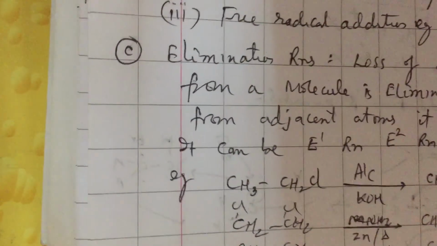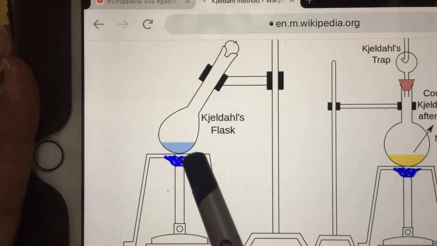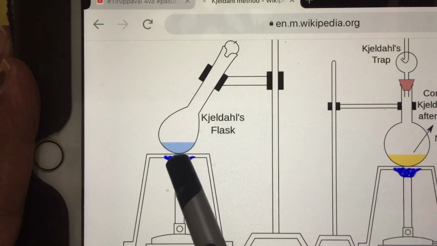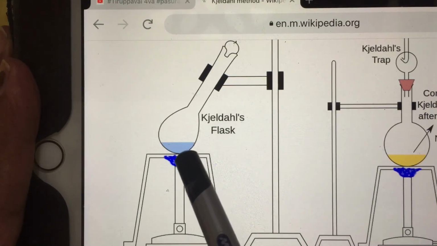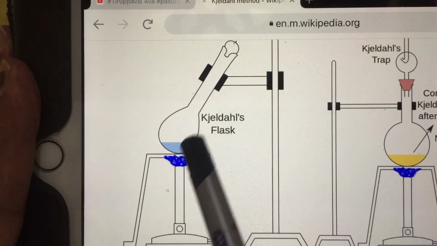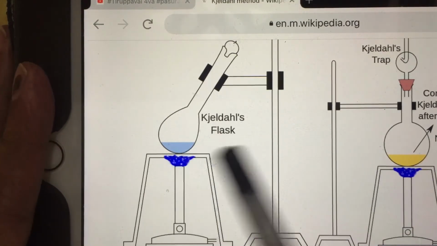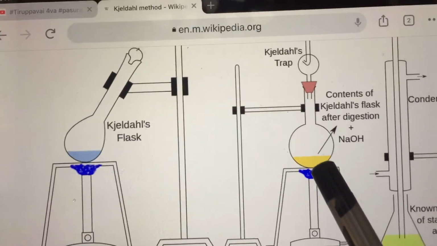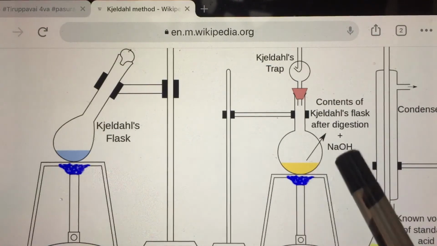Now let us look at this process diagrammatically. This is a Kjeldahl flask where you have taken W grams of organic compound and concentrated sulfuric acid. A little amount of copper sulfate is added as a catalyst, that's why it has a blue color. Now it is digested for 6-7 hours. All the nitrogen of the organic compound became ammonium sulfate. Then you add NaOH or KOH to liberate ammonia.